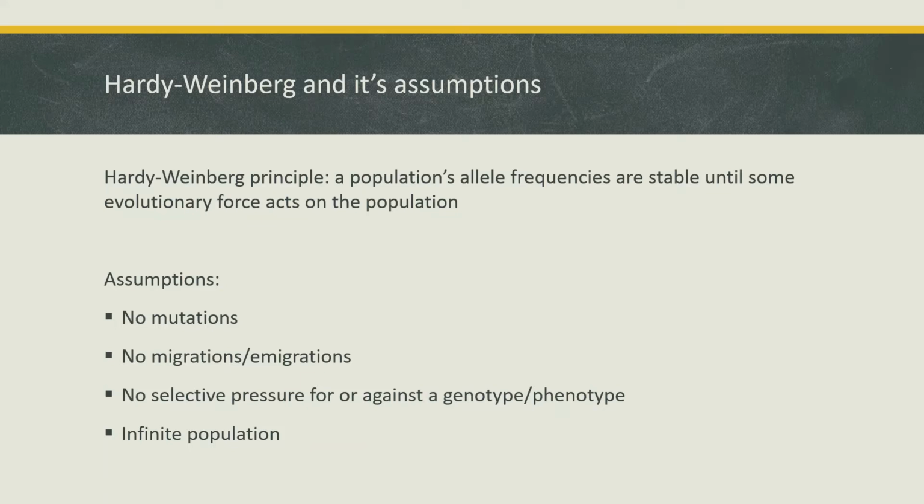Of course, this is all very unrealistic for the real world. So, I mean, we know mutations happen spontaneously and selective pressure is like a real thing. So this is why we can only use Hardy-Weinberg to predict a model and to check in with known data, not to give us exact real-time data.